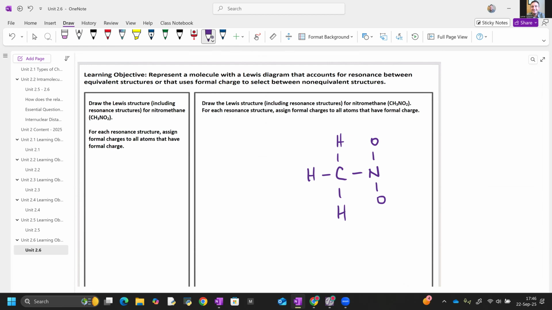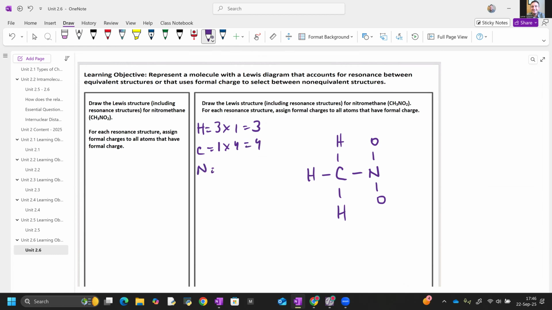And so what we see here is that we need to do a count. So we have hydrogen. There are 1, 2, 3. And they have 1 valence electron for a total of 3. We have carbon, which has 1 times 4 valence electrons. That's 4.